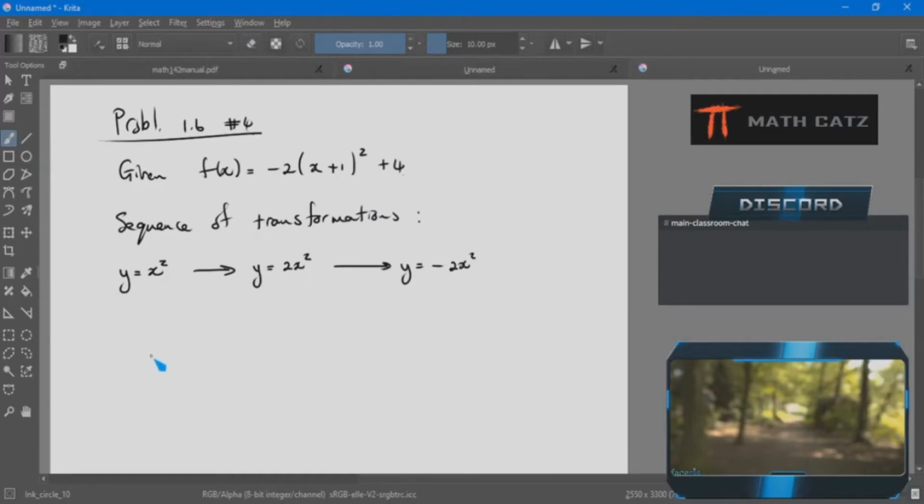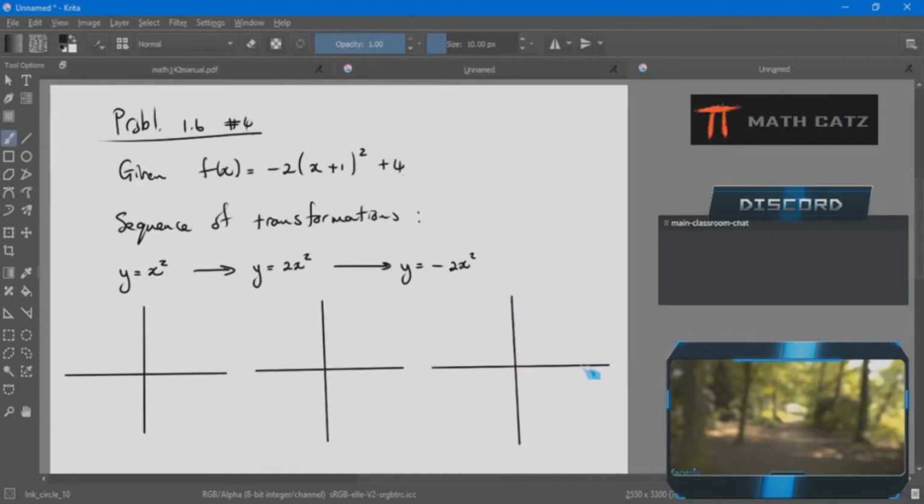Now let's set up some XY axes here. And then we'll do the last 2 in that sequence underneath. So we're not going to have very big fancy graphs, just a rough sketch here, as long as the shape of the original is preserved.